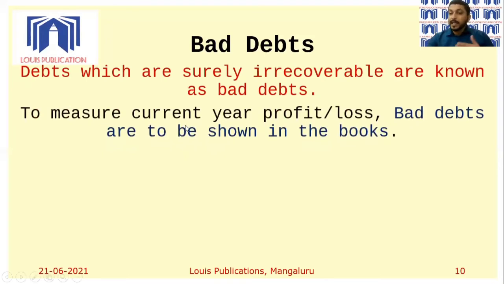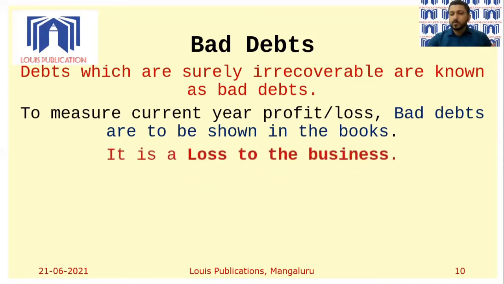Now, bad debt is a loss. So if I want to find the current year profit or loss of the business, bad debts has to be shown in the books of accounts. Remember this. So bad debt, as we have understood, is a loss to the business. Now, we are very clear as to which debtor's debt is bad. Suppose we sold goods on credit to Akash, to Bharat, and to Chandan. Say Akash has paid, Chandan has paid. Say Bharat has not paid.